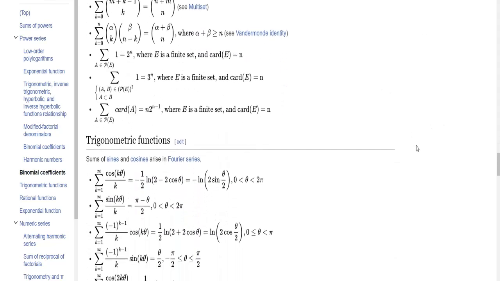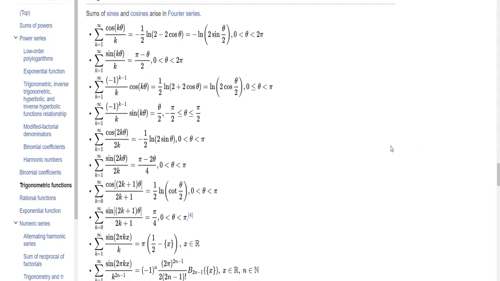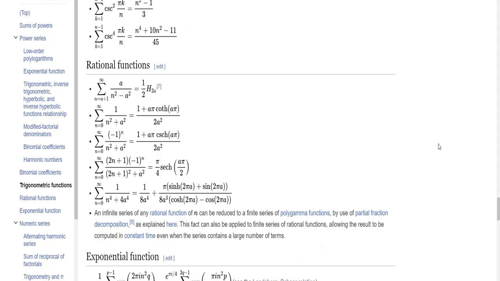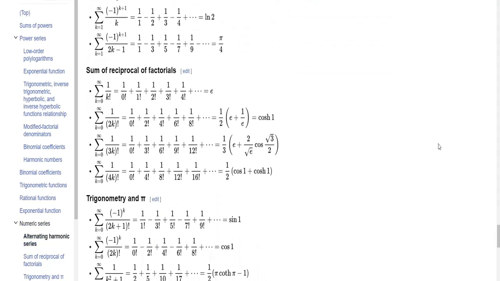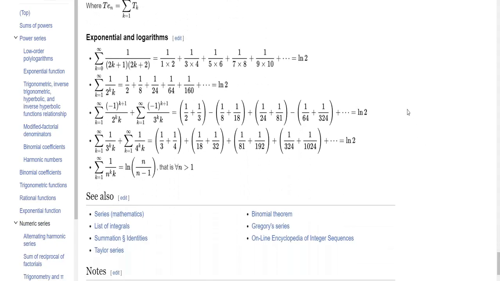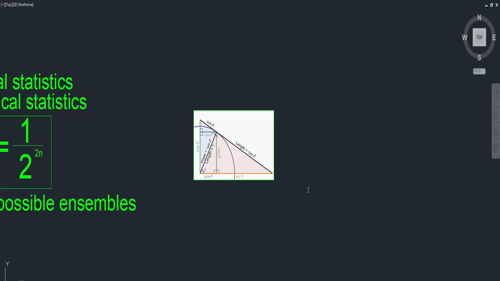And you will see wherever there are the series expansions, then we find 2 to the power 2n or 4 to the power n. These are very common in our statistical calculations. We will discuss these things and the reason that lies behind these kind of conditions.